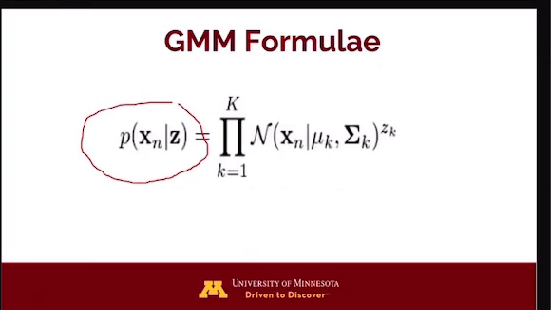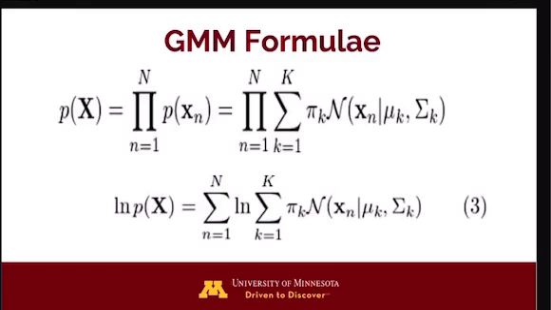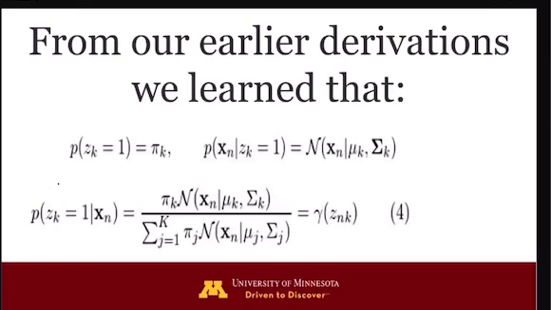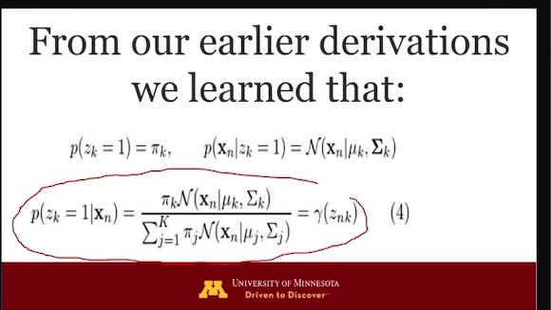There's a difference between xn given z, that's a likelihood, and if I now consider the probability of z given xn, that's a posterior. Now, because we're using the knowledge of Bayes' theorem, equation 4 becomes the posterior. The denominator in equation 4 is the sum of the numerator.